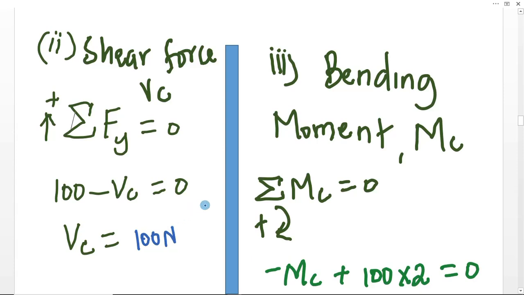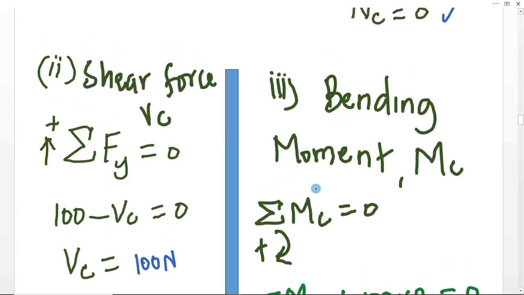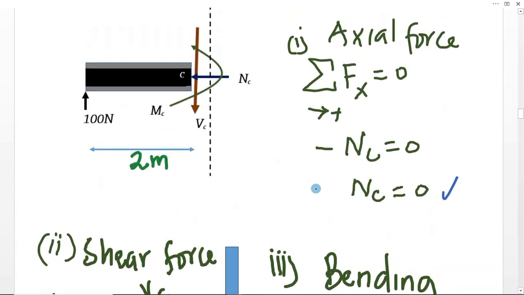Now we move ahead and calculate for the bending moment at C. So the sum of moments, again, that is another equilibrium condition that is being applied to the free body diagram of this sectioned part, or this segment of the beam.